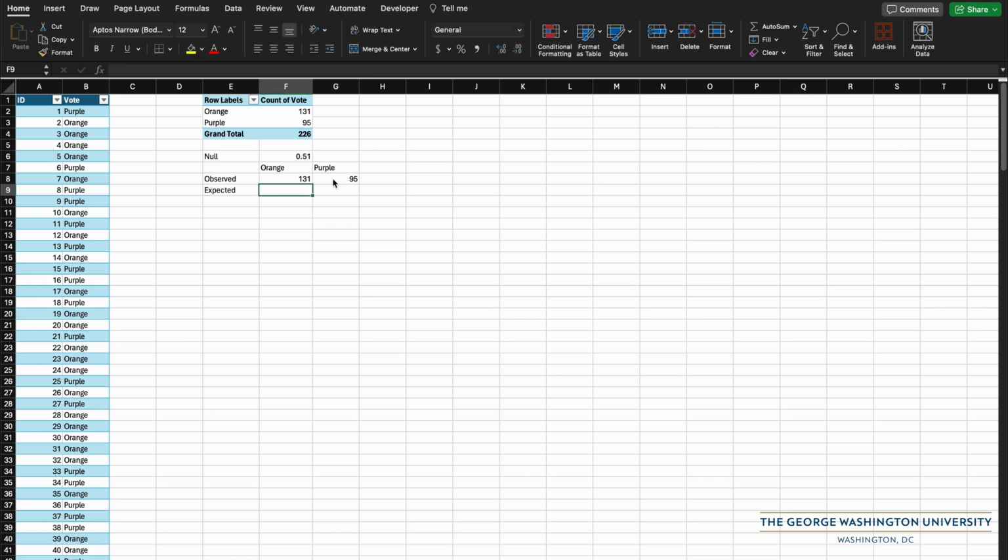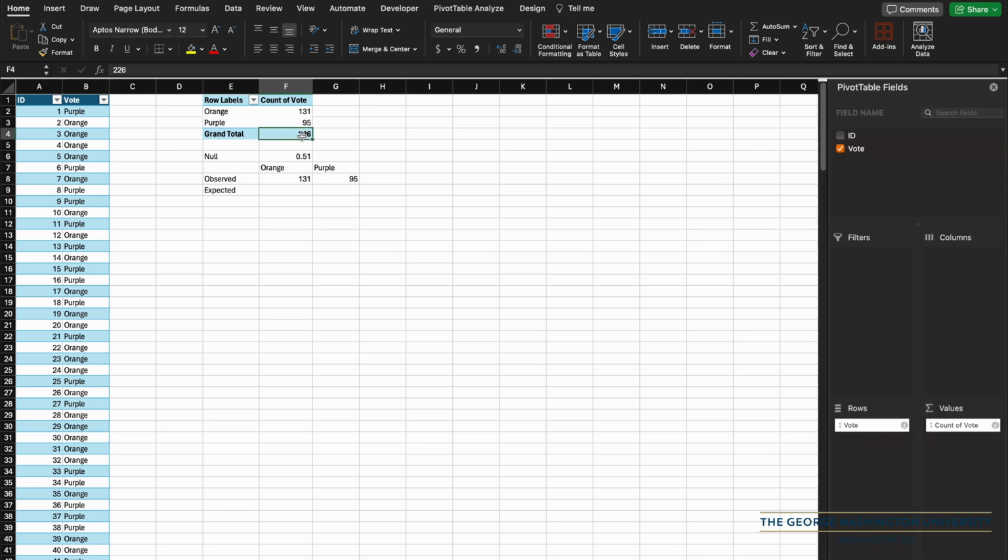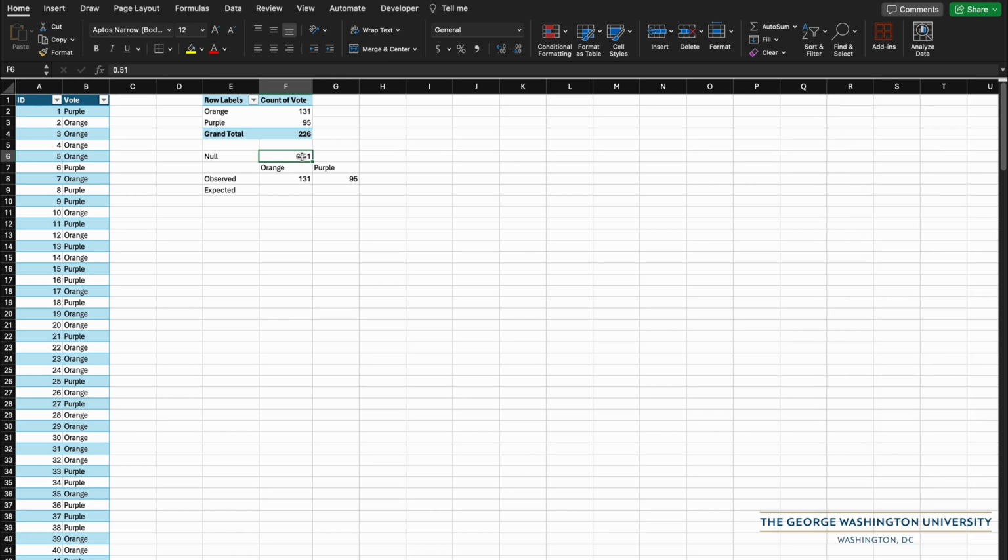But what would we expect if the null hypothesis was true? Out of 226 people, we thought 51% would choose orange. And so let's just work out that proportion. That's going to equal 226 multiplied by 0.51. So if you took 226 people and the null hypothesis was true, you would expect 115.26 people.